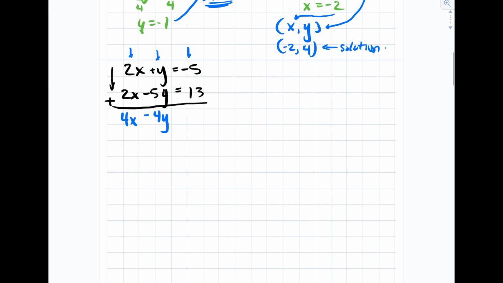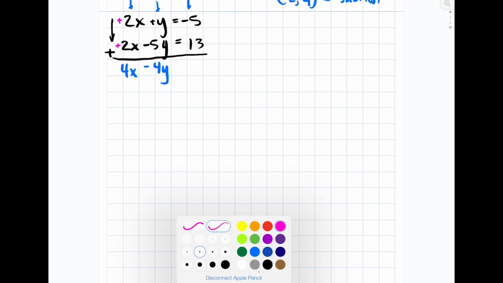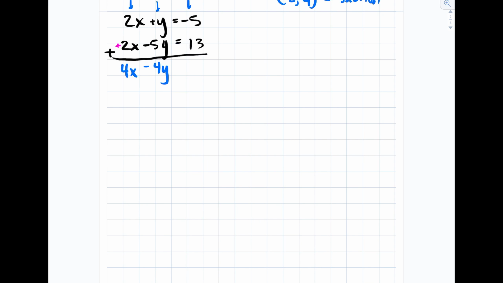Let's go back down to our example right here. If you take a look right here, this is a +2x, and that is a +2x as well. We have two +2x's. We need one of those to become a negative. So this is how we're going to get that to happen. We are going to multiply one of these equations by a -1.